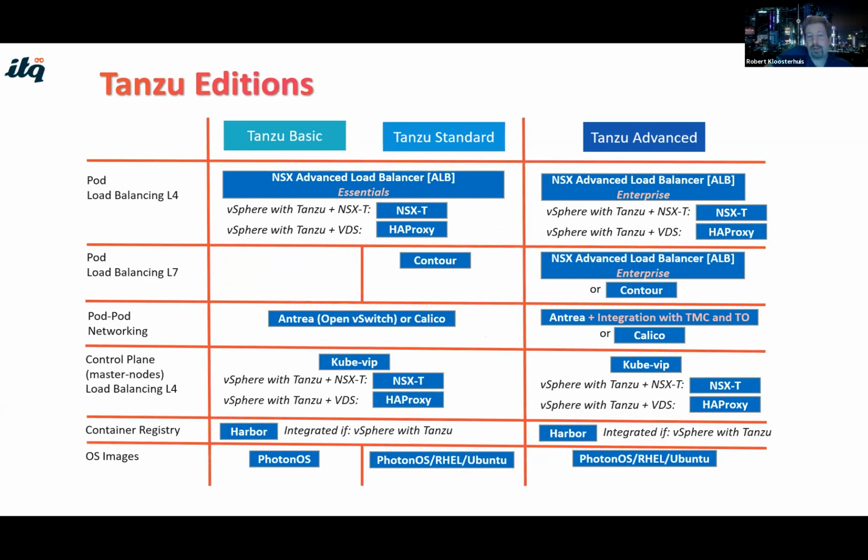So right now, this is how the editions break down. And again, you're probably not going to be familiar with many of the products and tools that are listed here. The slide is to illustrate that there are differences in which tools and which technologies VMware has chosen to go into which edition.